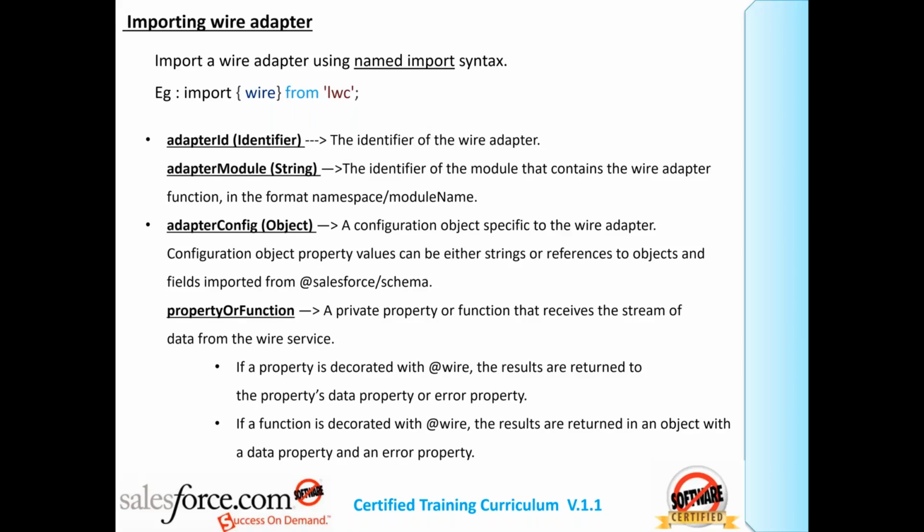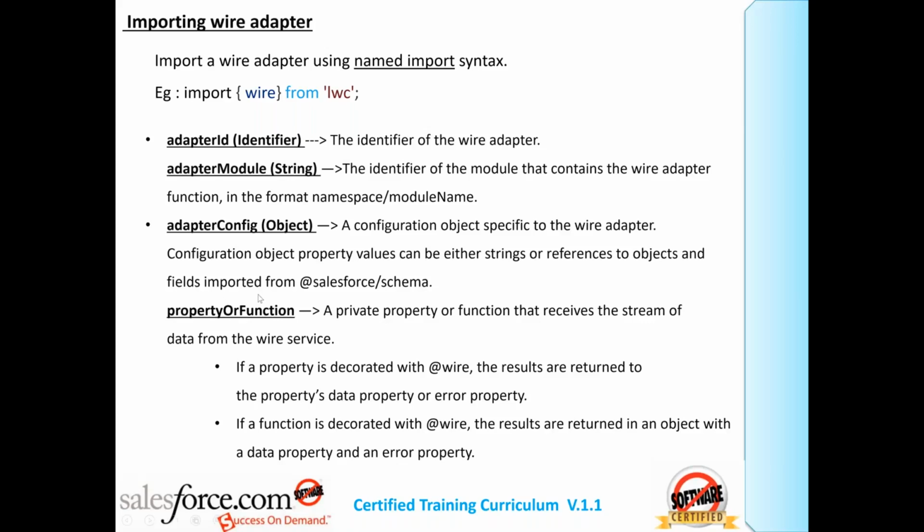Whenever a wire is decorated with an undefined value to store the wire result, the undefined value that stores the wire result is called a wire property.